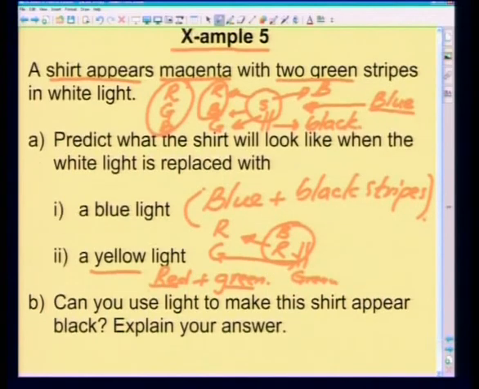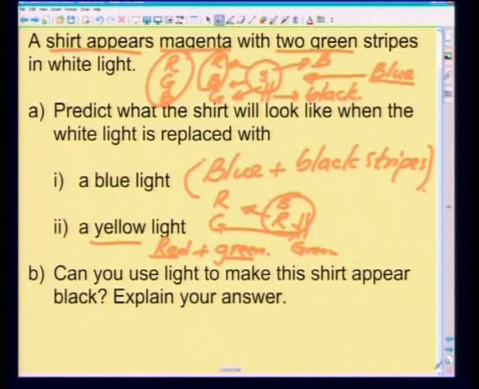Now, the last question on example 5, B: can you use light to make this shade appear black? Explain your answer. Can we do that? Can we make it look black? It's not possible. We cannot make it look black, right?